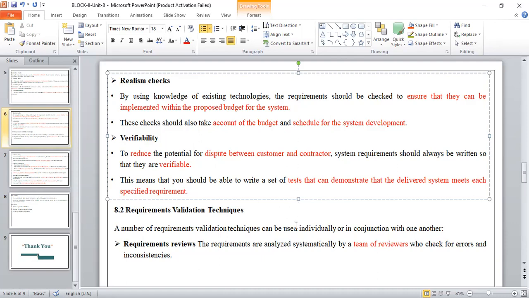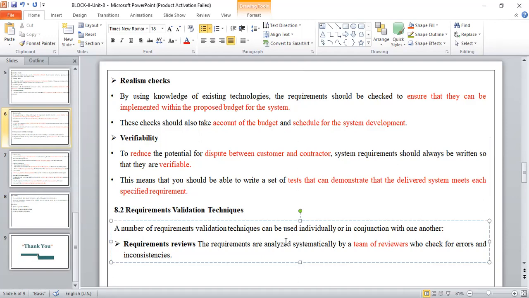Okay. And what are the requirements validation techniques? A number of requirements validation techniques can be used individually or in conjunction with one another. Requirements review: there will be a team of reviewers to analyze the requirements systematically. The team of reviewers will check for errors and inconsistencies.